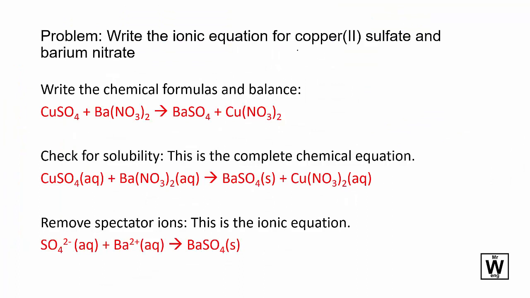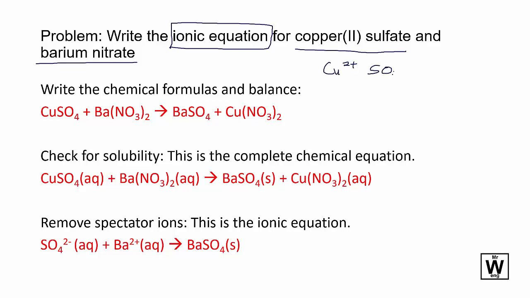If you have copper sulfate and barium nitrate, what are you going to get? Are you going to get a precipitation reaction or not? And write the ionic equation for that, which gives you a hint that there will be a precipitate in there. So copper sulfate, hopefully you've remembered how to write ionic formulas. You go to the data table to find out what these nitrates and sulfates are.